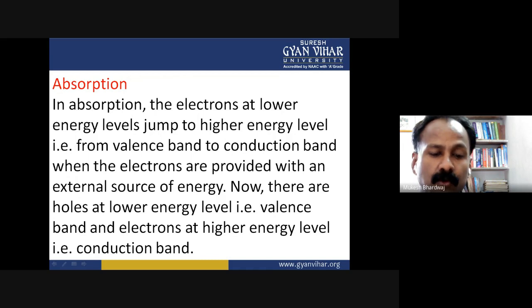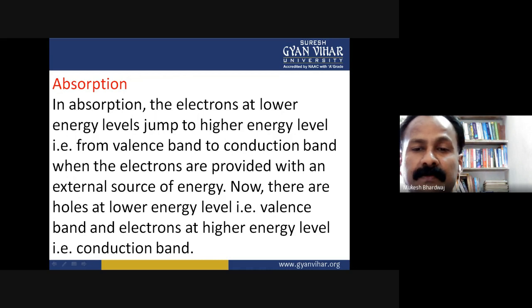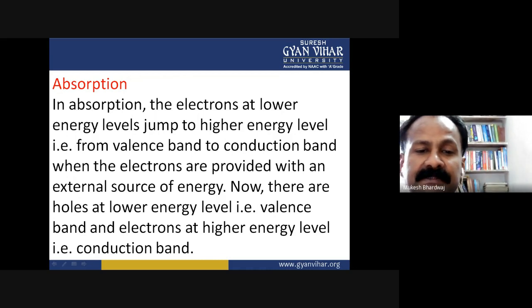Now there are holes at the lower energy level, that is the valence band, and electrons at the higher energy level, that is the conduction band. Now I explain this.